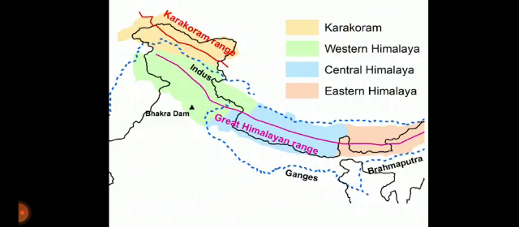The first one is Western Himalaya, the second is Central Himalaya, and the third is Eastern Himalaya. Western Himalaya is shown in a light green color, Central Himalaya in blue, and Eastern Himalaya in light orange.